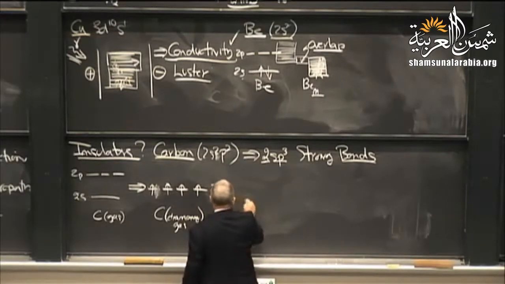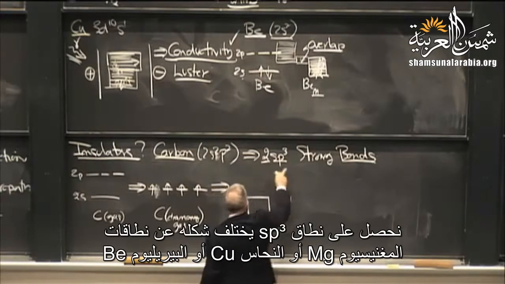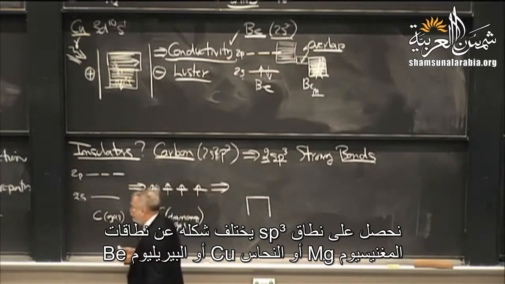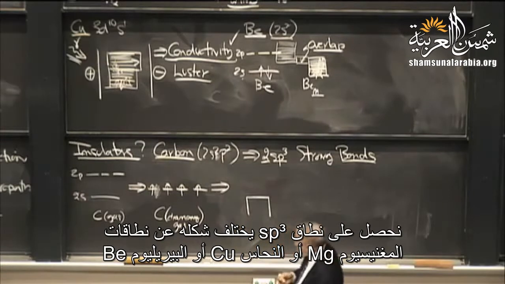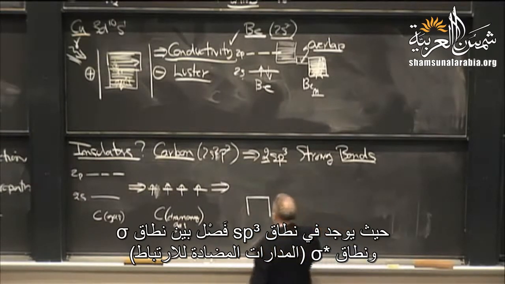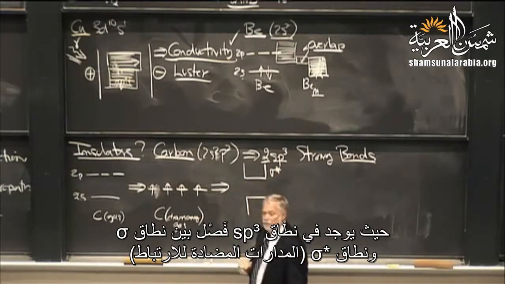Well, we get a band that's the 2p band, right? The sp3 band is different looking than the bands for magnesium or copper or beryllium, in that there's a separation between the sigma and the sigma star antibonding orbitals.